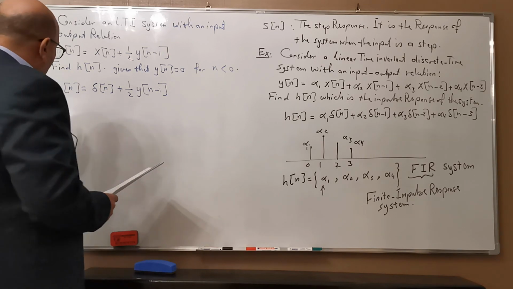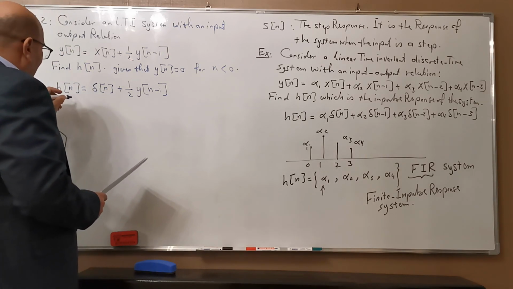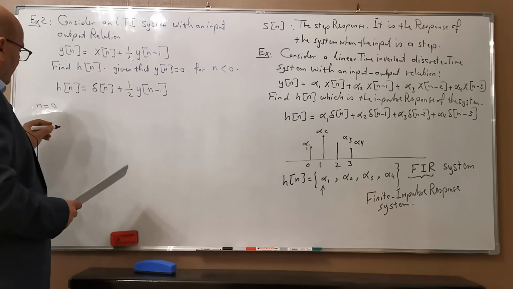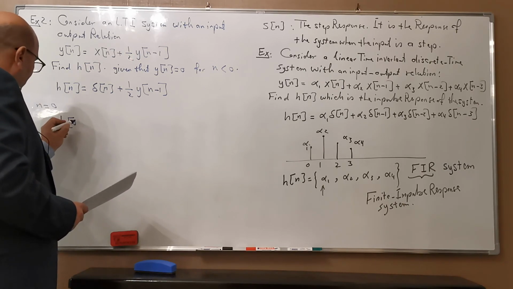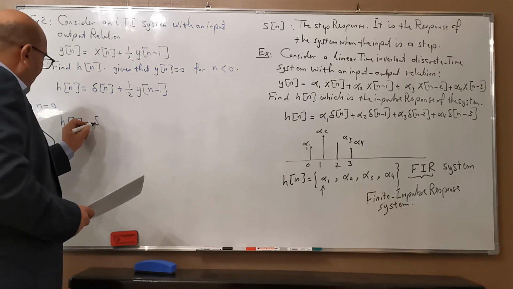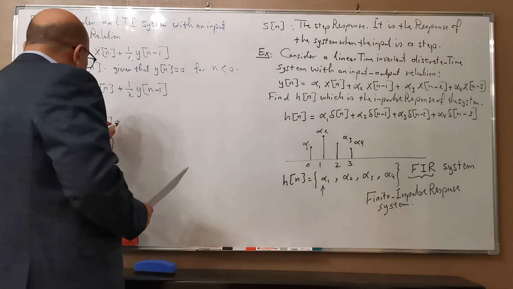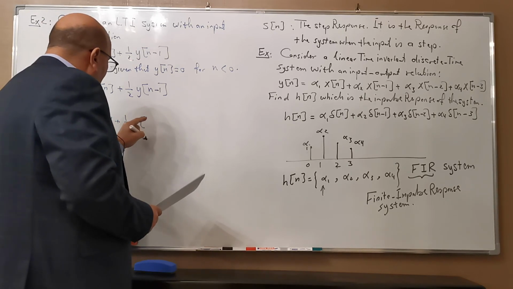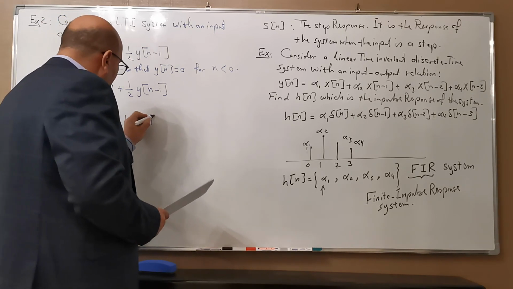Okay, now let's substitute the indices. For n equals 0, h of 0 equals delta of 0 plus 1/2 y of minus 1, which is 0 minus 1.